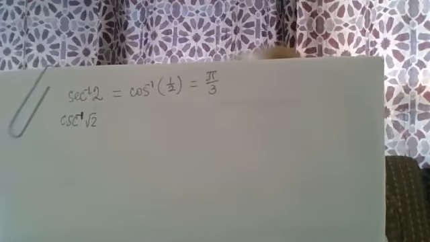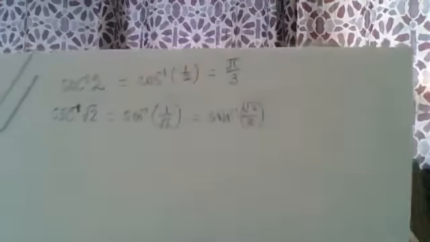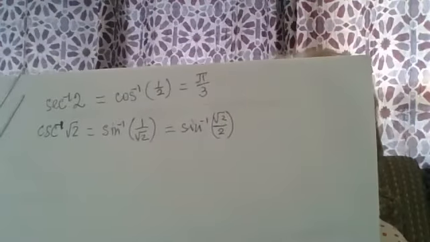I would use here absolutely the same strategy. So look what I'm going to write down, that it will be arc sine of the reciprocal of that square root of 2, which is arc sine of square root of 2 over 2, if I need to get rid of the irrationality.